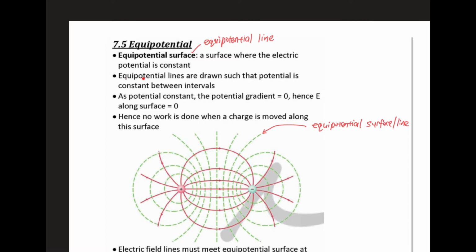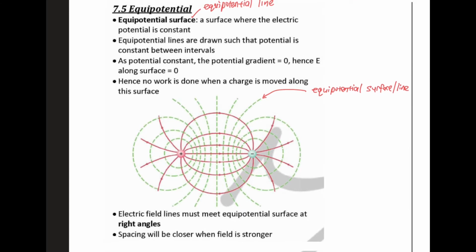Equipotential lines are drawn such that potential is constant between intervals. Okay, so what is meant by this? Now let's say I give one example. I draw electric plate here, and here is the positive terminal of the electric plate. The other side is the negative terminal of the electric plate.